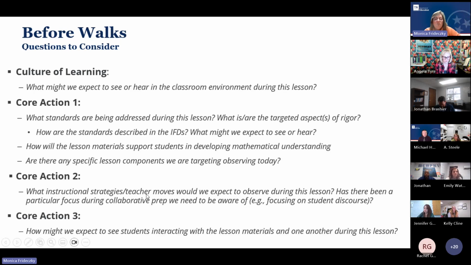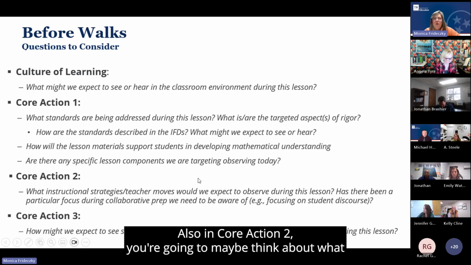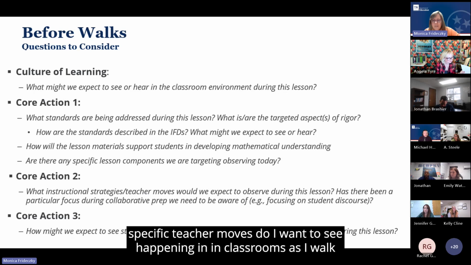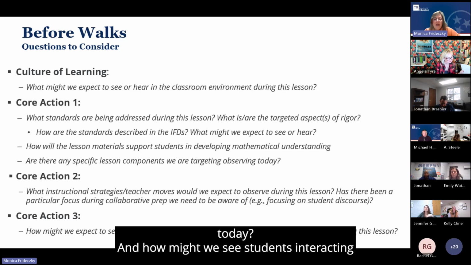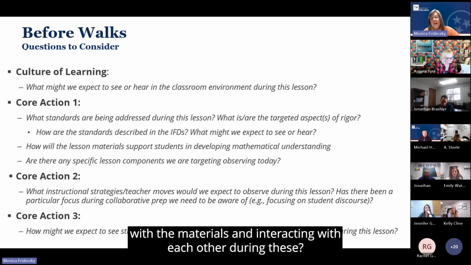Also in core action 2, you're going to maybe think about what specific teacher moves do I want to see happening in classrooms as I walk today? And how might we see students interacting with the materials and interacting with each other during these walks?